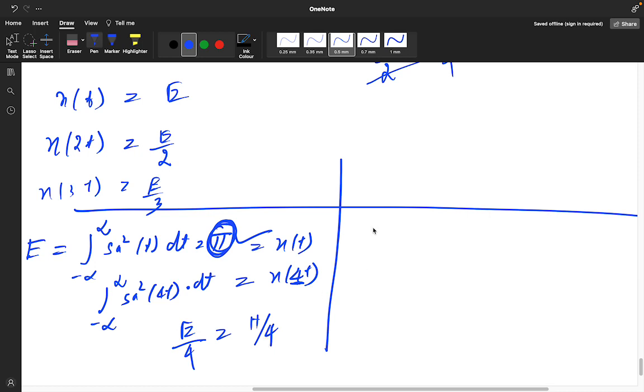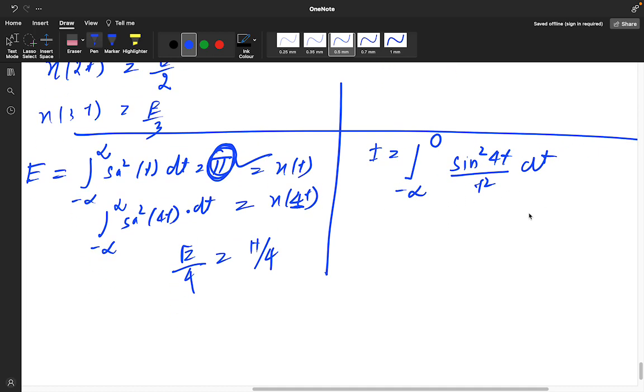Now what is the question? The question is very simple. You need to find the integration from minus infinity to 0 of sine square 4t divided by t square into dt. So how will you make it a sampling signal? You know that sampling of t is nothing but sine t divided by t.